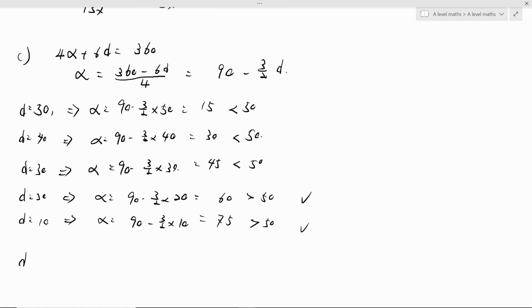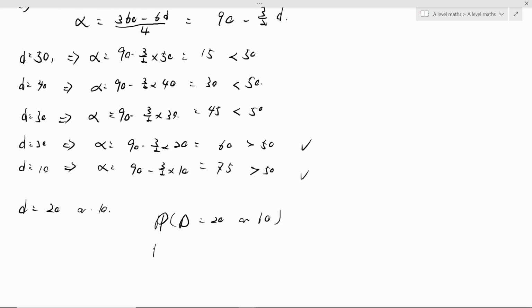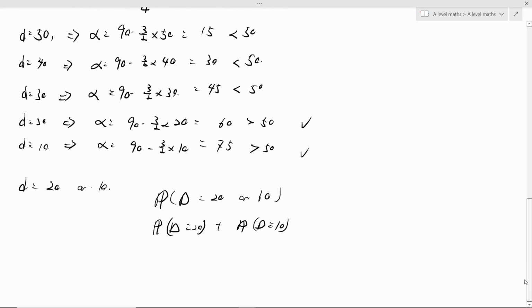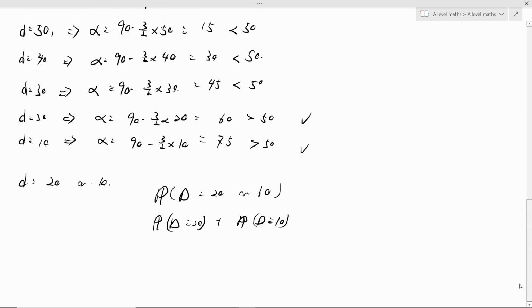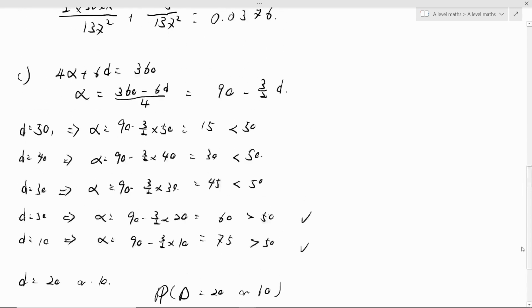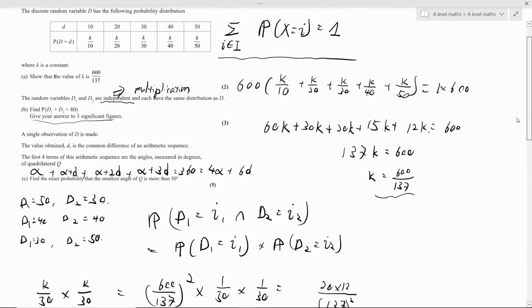So, little d is either 20 or 10, and the probability that d is 20 or 10 is basically P(d is 20) plus P(d is 10). Right? This is the law of addition of probabilities, because for two distinct events, the probability of their union is the sum of the separate probabilities.